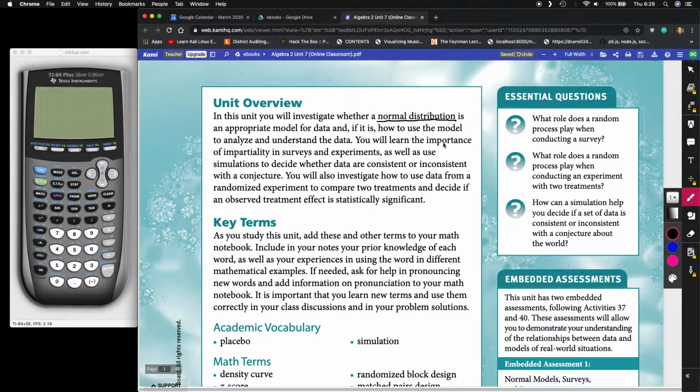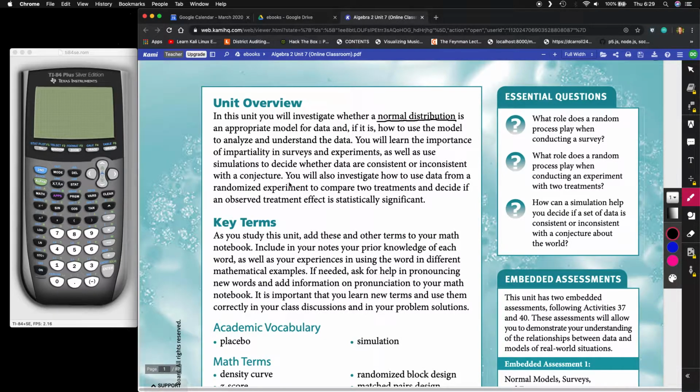If it's normal, it has a special look and specific properties that we can extract. If it is normal, you'll learn how to use the model to analyze and understand the data. You'll learn the importance of impartiality in surveys and experiments, as well as use simulations to decide whether data are consistent or inconsistent with a particular conjecture.